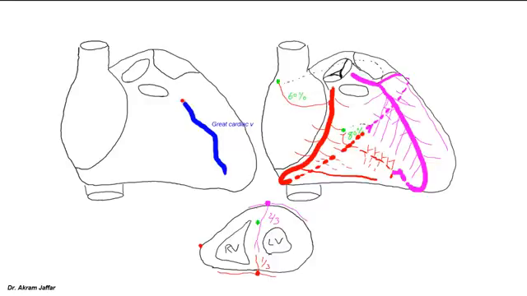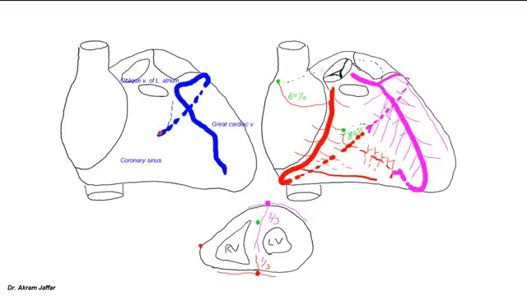The great cardiac vein winds around the left margin of the heart and accompanies the circumflex artery of the left coronary artery. On the posterior surface of the heart, the great cardiac vein receives a small vein from the left atrium called oblique vein of the left atrium, and it is at this point that the coronary sinus is formed on the posterior surface of the heart.